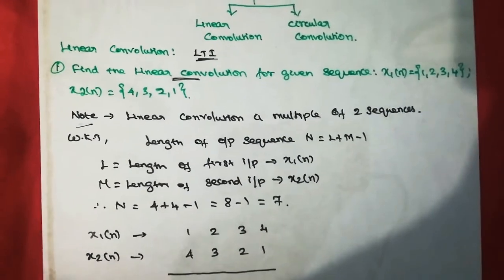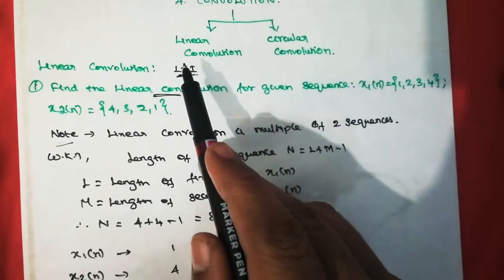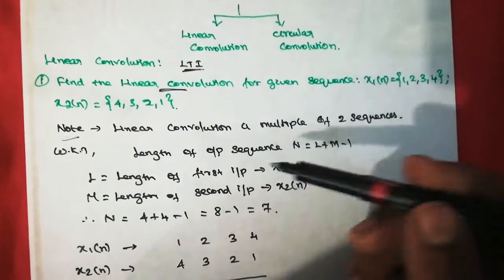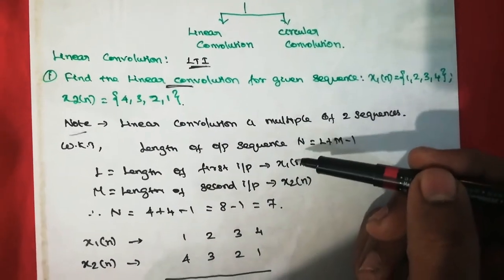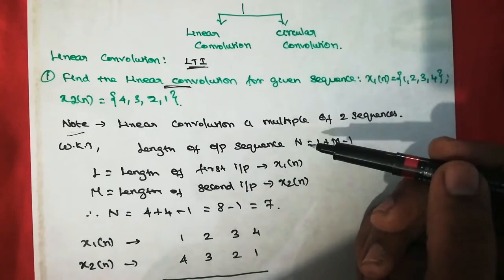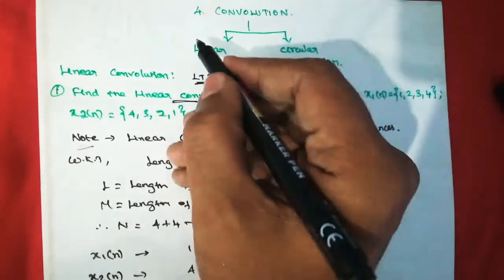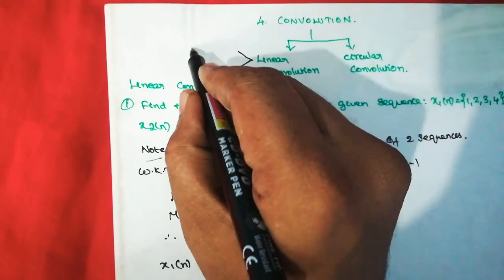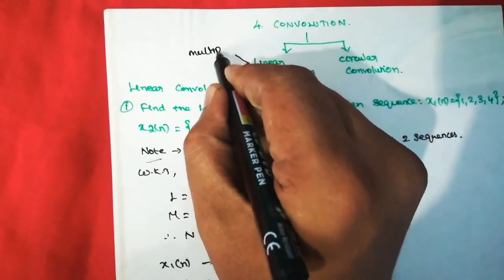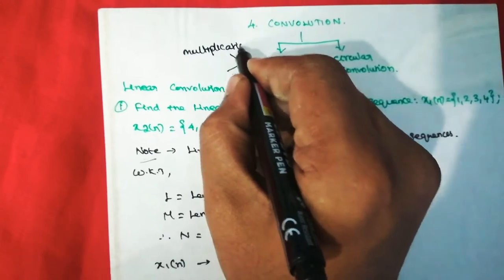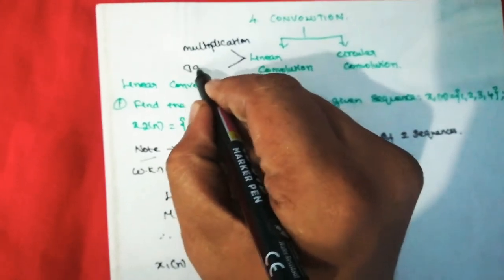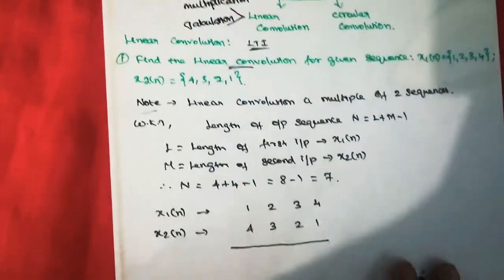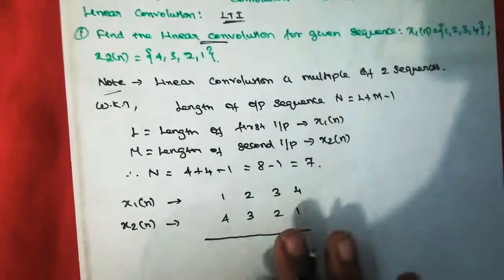To solve a linear convolution problem you can have two different approaches: the direct multiplication method and the tabulation method. First we solve the multiplication method.